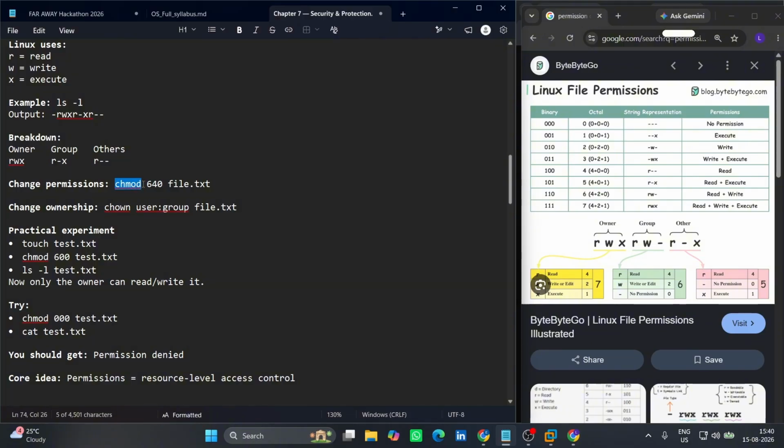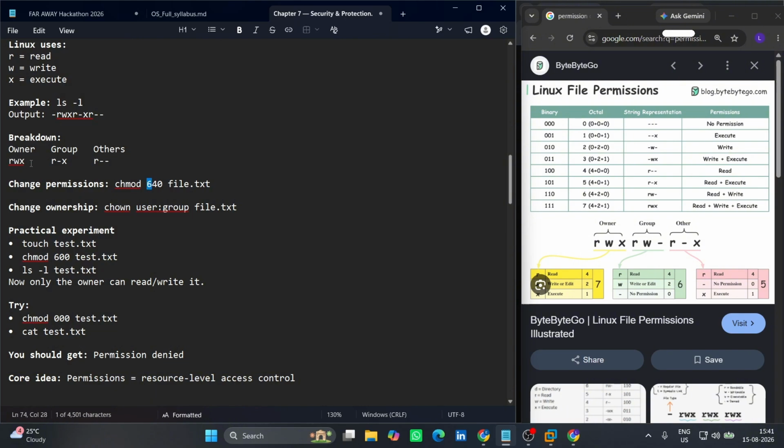You have to write chmod, and here, if you remember, I just told you a second earlier, you have to divide these into three groups. Each group belongs to one specific number.